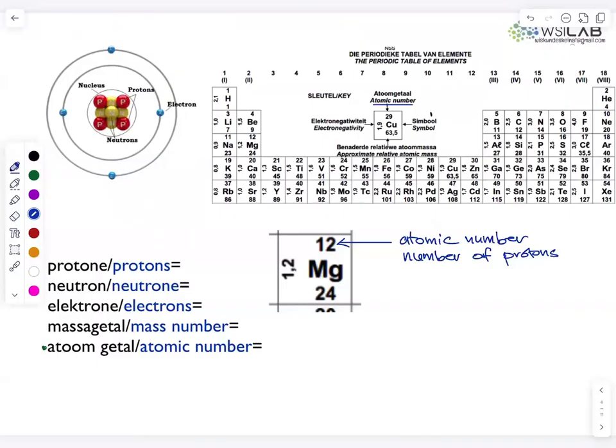And then we have a 24 at the bottom. Do you know what that value is? Approximate relative atomic mass. Yeah, atomic mass, or it's also called relative atomic mass.